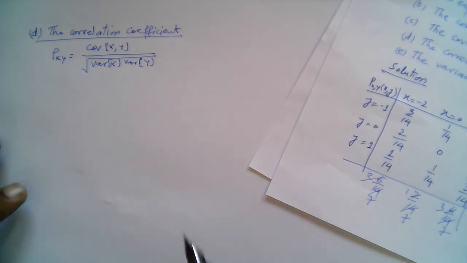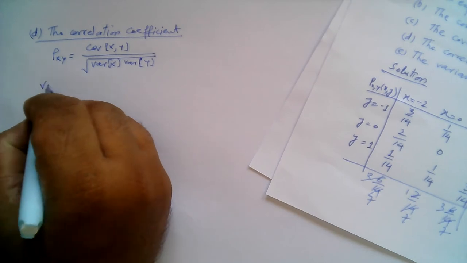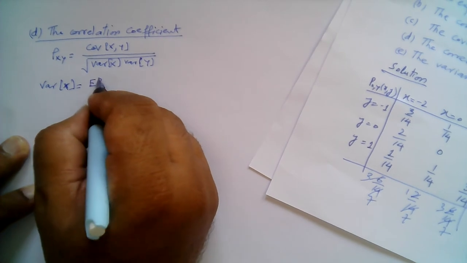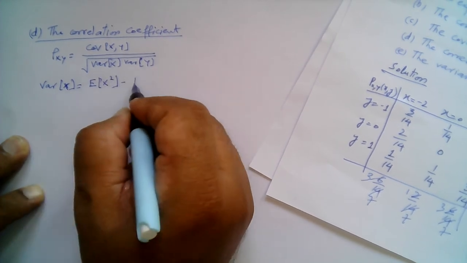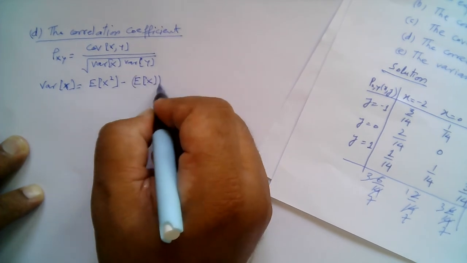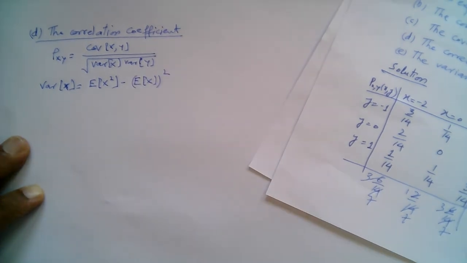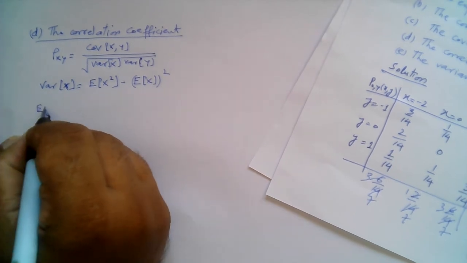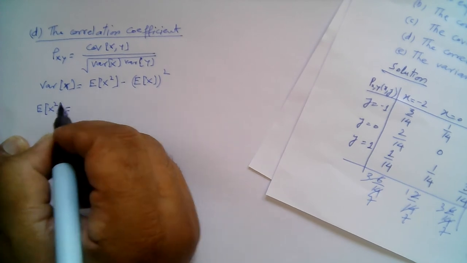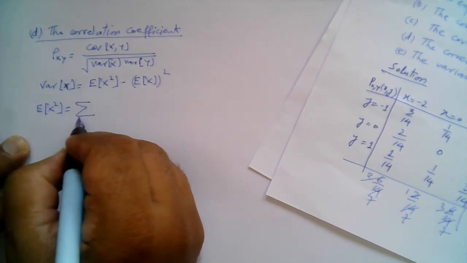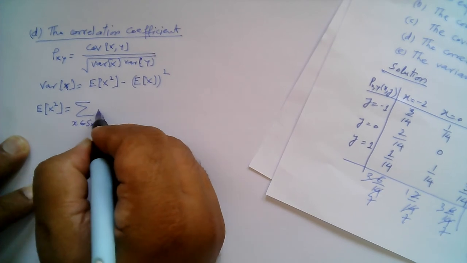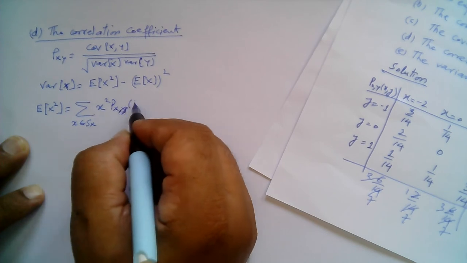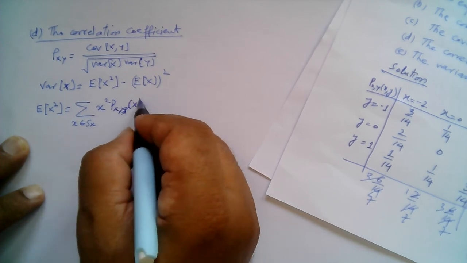So variance of x is given by the expected value of x square minus the square of the expected value of x, right? So let us calculate the expected value of x square. Expected value of x square, which is the second moment of x, is given by this summation of x square times the marginal PMF, right?